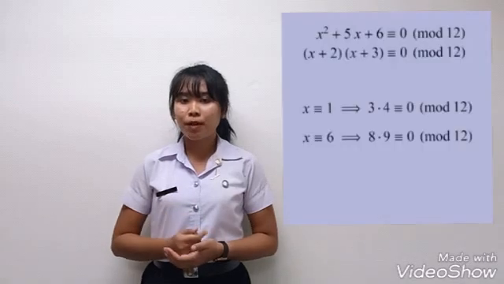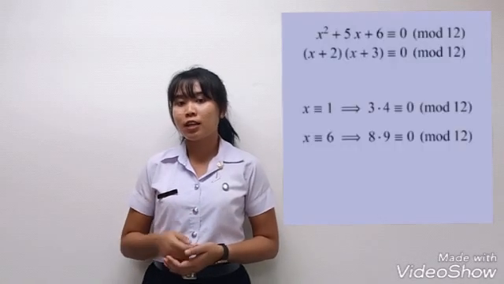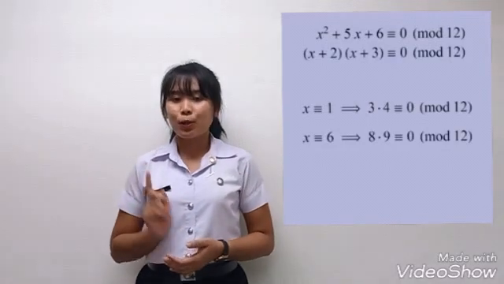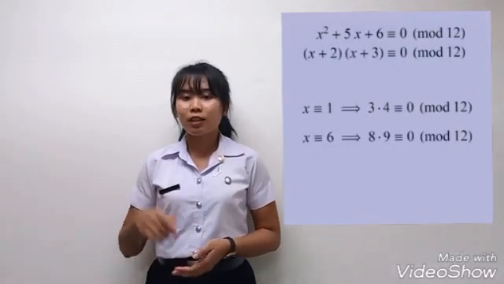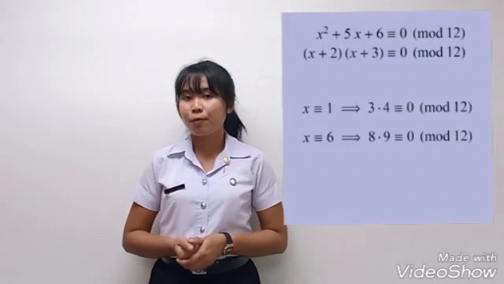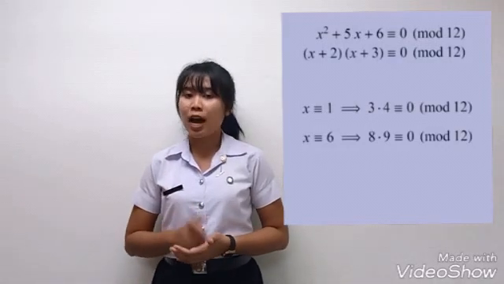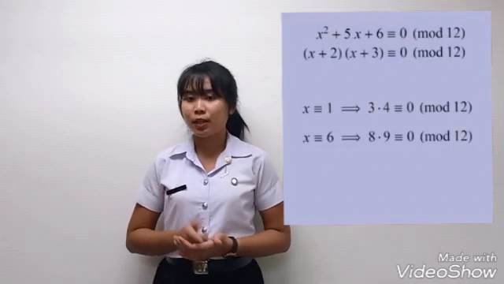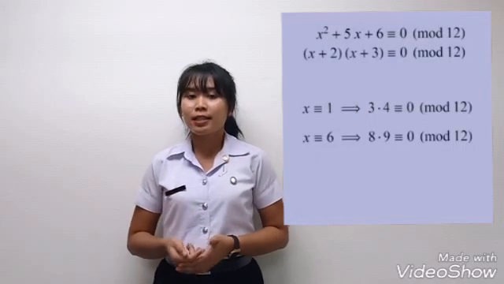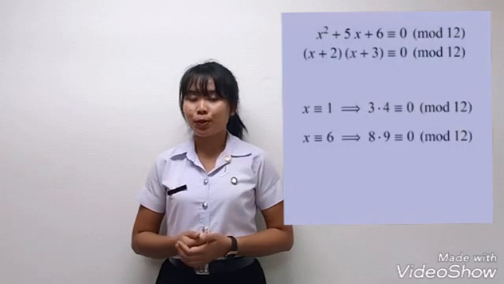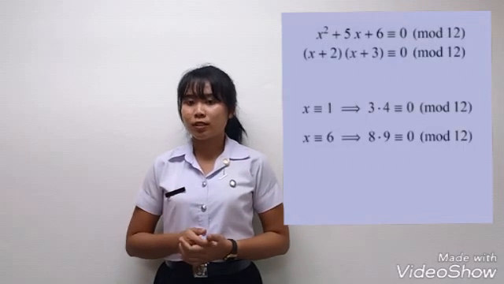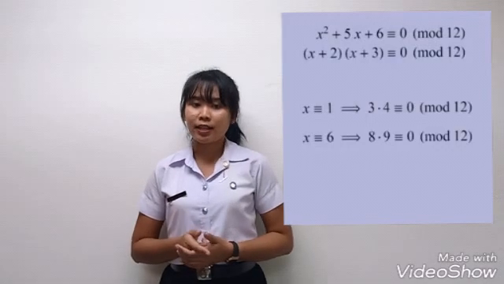To see the problem, let's take a closer look at the equation. After factoring, we have x plus 2 times x plus 3 is congruent to 0 mod 12. Setting each term to 0 gave us 2 of the solutions, 9 and 10.